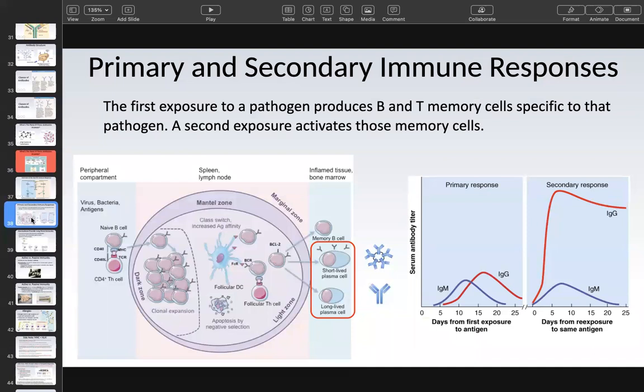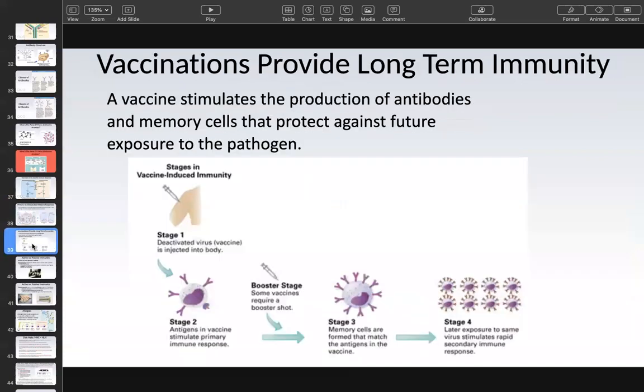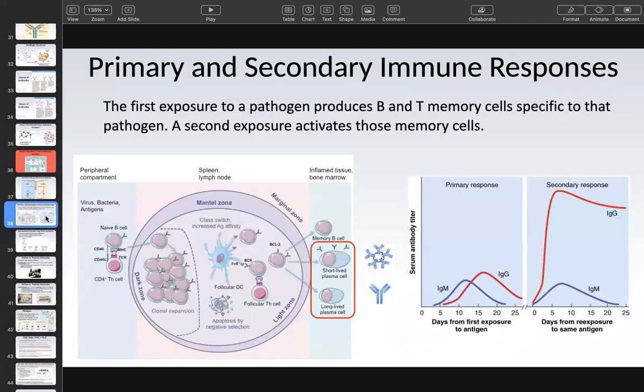A secondary exposure occurs later on, in which the body will activate memory cells that formed towards the end of the initial exposure, so that if we saw the same pathogen again, we have better defenses, more efficient tools to deal with the infection the second time around when compared to the first time around. This is the whole concept behind the vaccination movement.